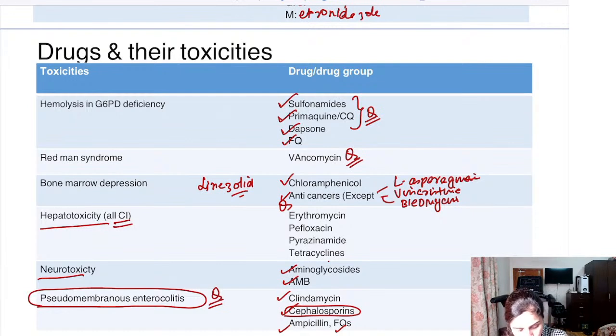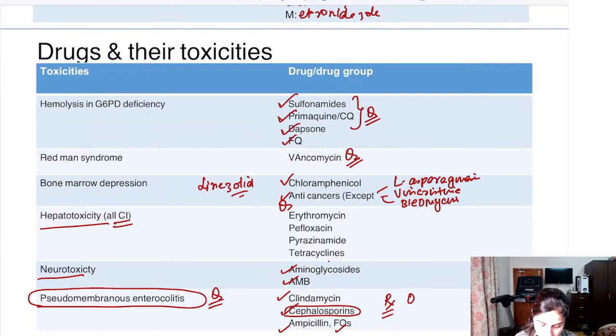ठीक है, सो pseudomembranous enterocolitis. And what is the treatment for pseudomembranous enterocolitis? Yes, we just did. Treatment for pseudomembranous enterocolitis, orally which drug we can give for this?